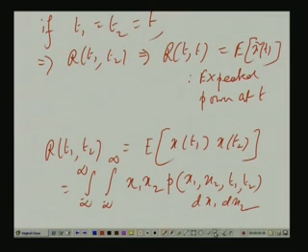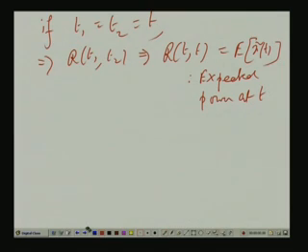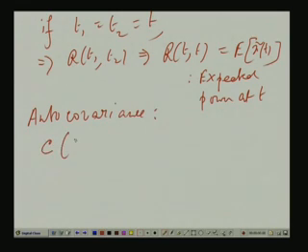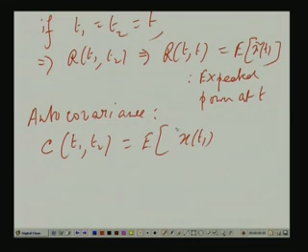In a similar manner, you can define the autocovariance C of T1, T2, which is nothing but xt1, this random variable, minus its mean, times xt2 minus its mean.